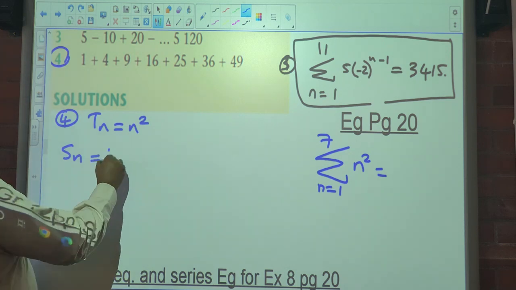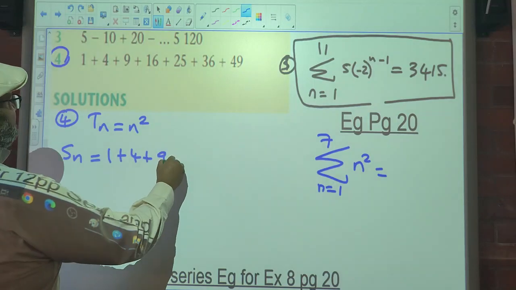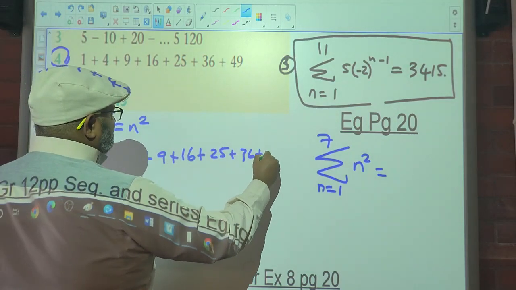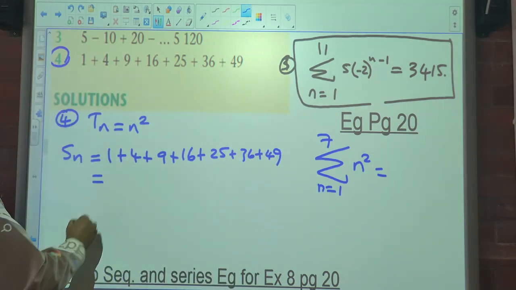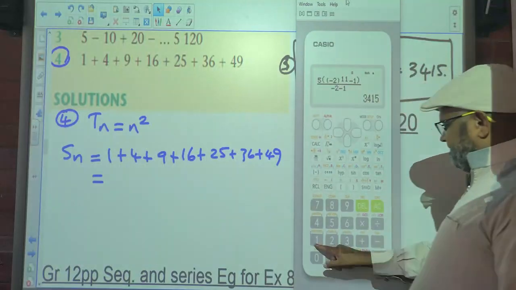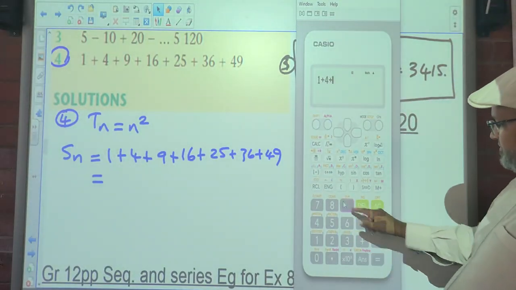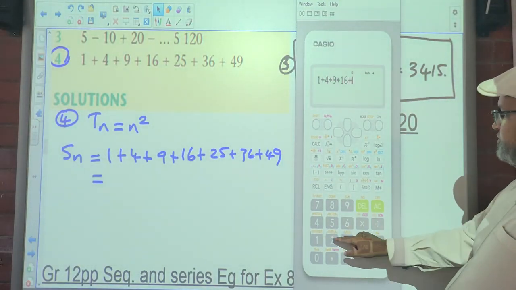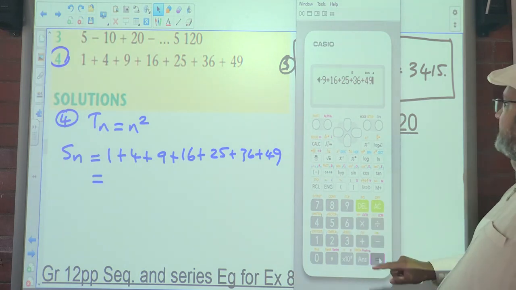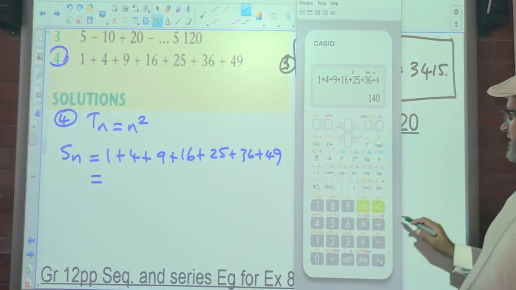Simple. Because all the numbers are there, it doesn't make life difficult to just add them all up. So that's going to give us 1 plus 4 plus 9 plus 16 plus 25 plus 36 plus 49, an answer of 140.